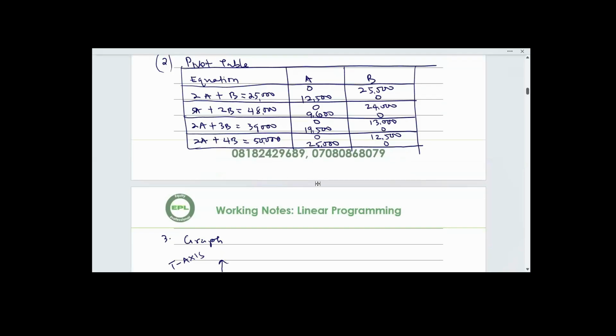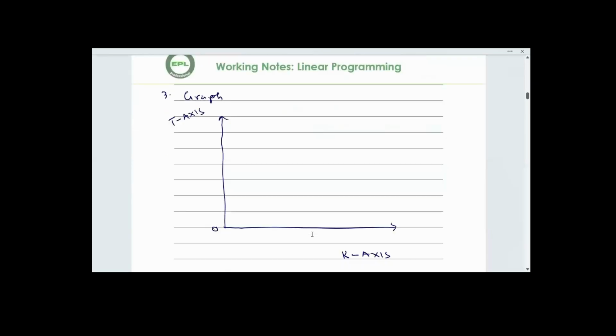Now, from my pivot table, I want to plot A against B for each equation. For equation 1, that is 2A plus B equal to 25,000. The highest value for A is 25,000. The lowest is 9,600. The highest value for B is 25,000. The lowest is 12,500. So first thing first, I need to scale my graph.